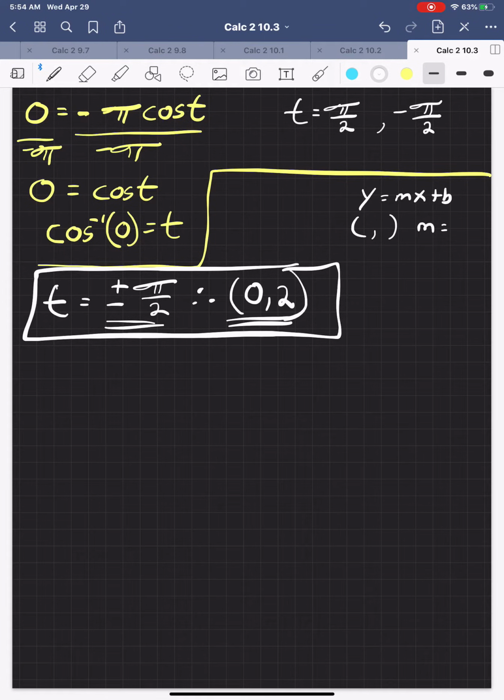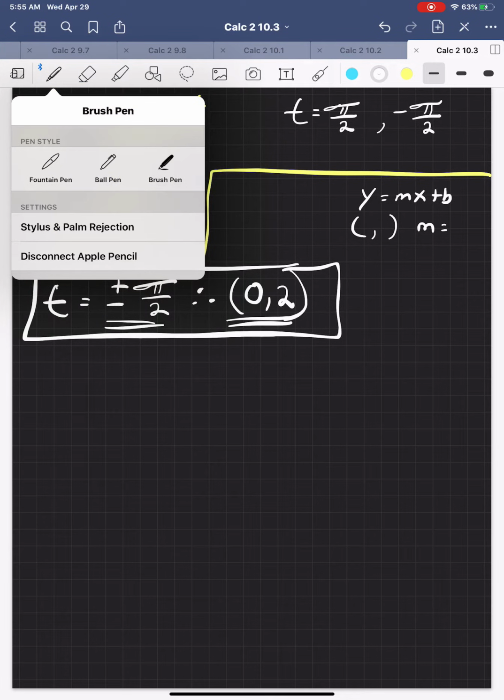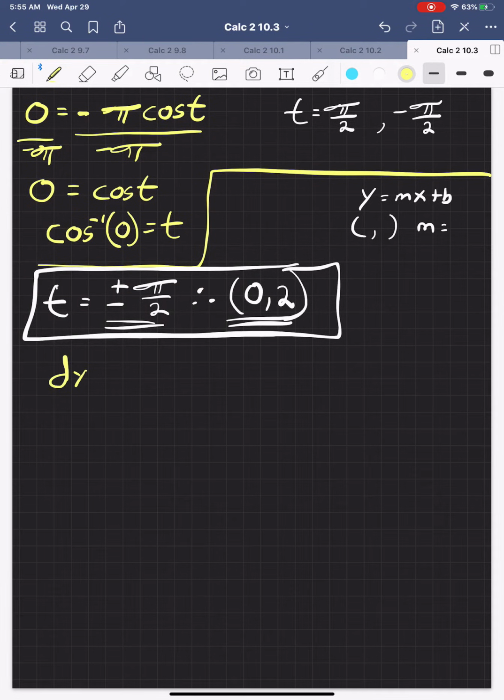So let's go back to our dy/dx. What did we have? We had pi sine of t over 2 minus pi cosine of t, correct? So how do we find the slopes?